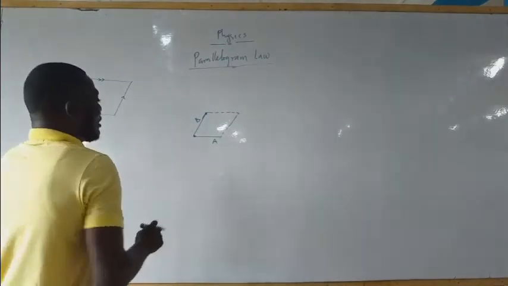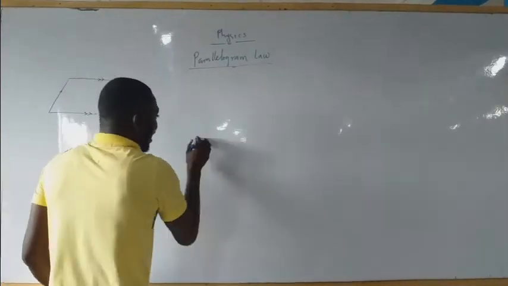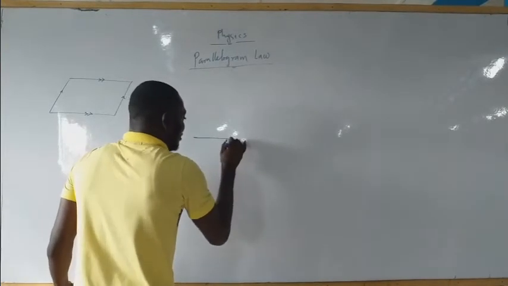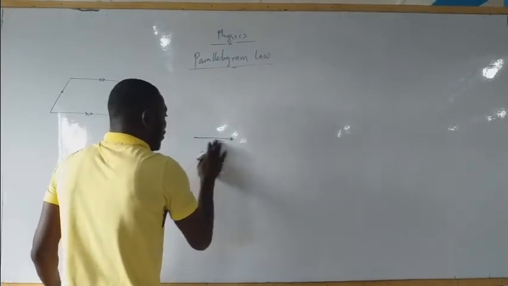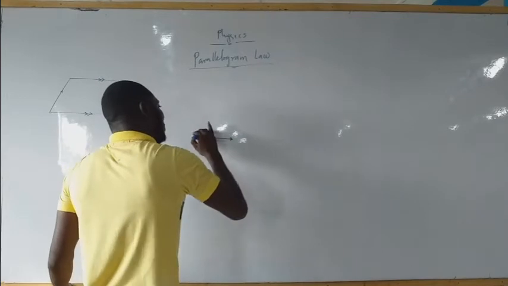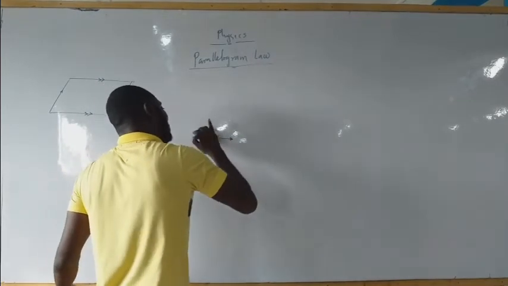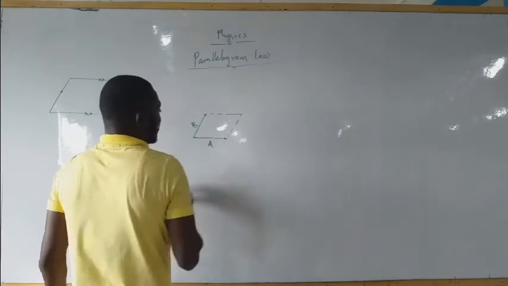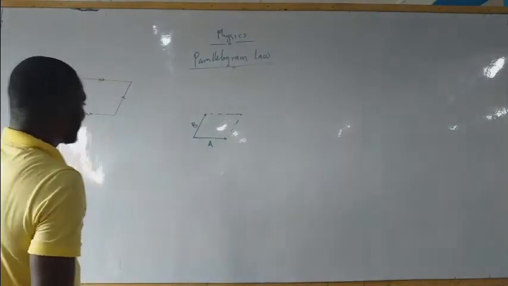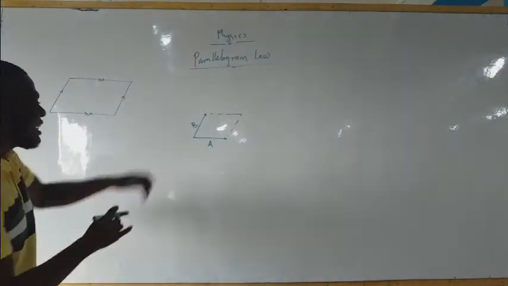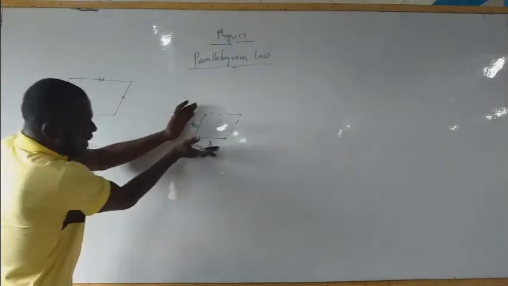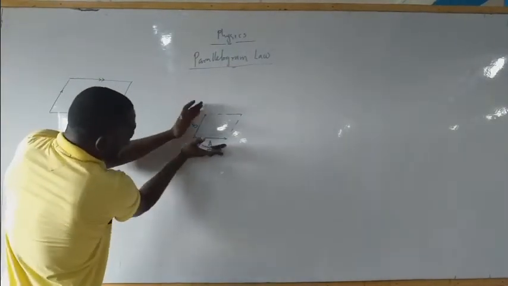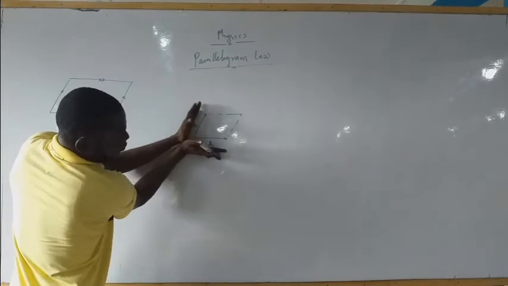You can see that. Let me make it bigger. So this is B, this is A, while this, let's call this B. To form the two adjacent sides of a parallelogram.